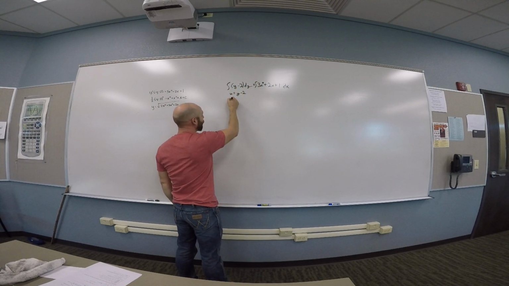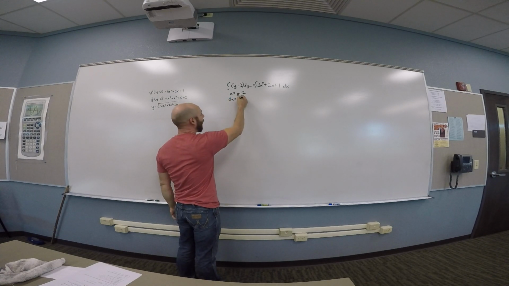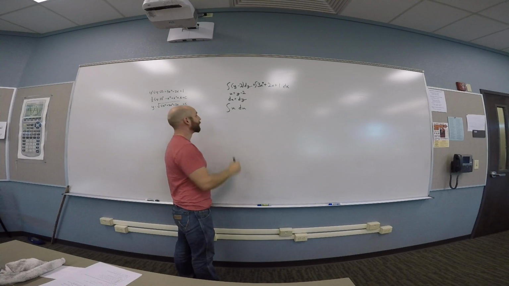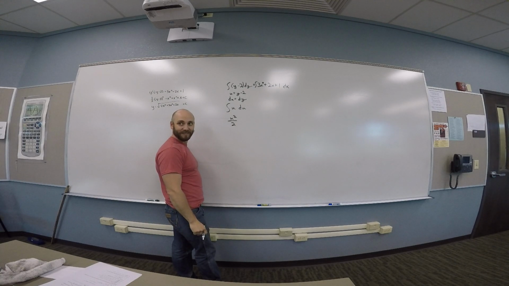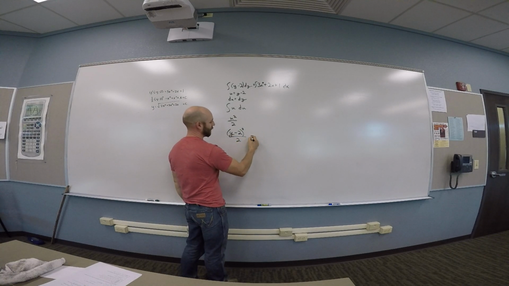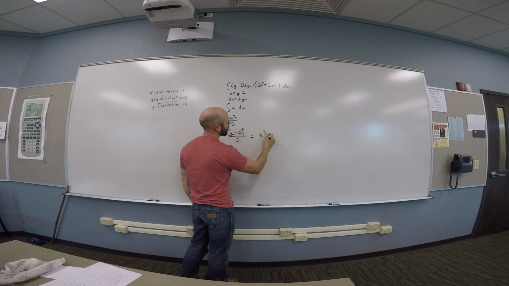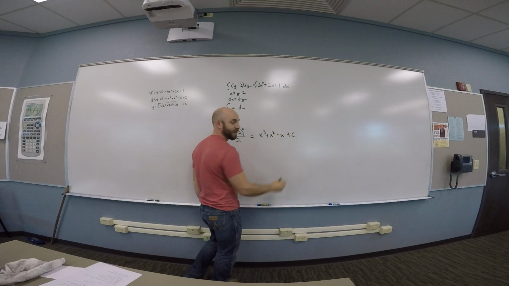I'm going to let u be y minus 2, and then du is dy. And so then this is the integral of u du, which is u squared over 2, which means you get y minus 2 squared over 2 equal to, and then you just integrate the other side. So you got x cubed plus x squared plus x plus a constant.